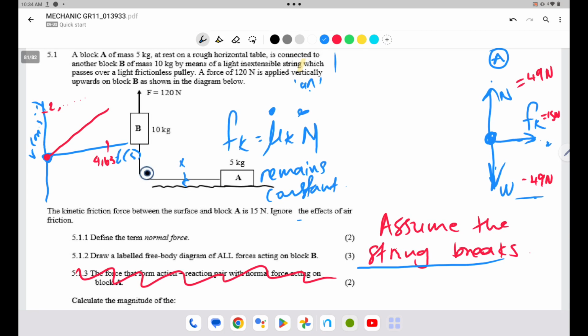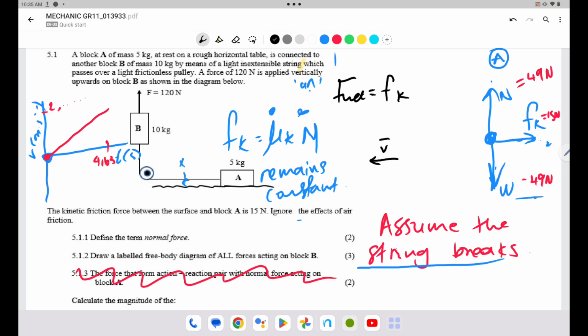If the string breaks, what will be the net force? If we look at the diagram, from the definition of net force, the net force will be equal to Fk. That is the only force now along the direction of motion. Remember the block was moving to the left when the string broke. This is the direction of motion.